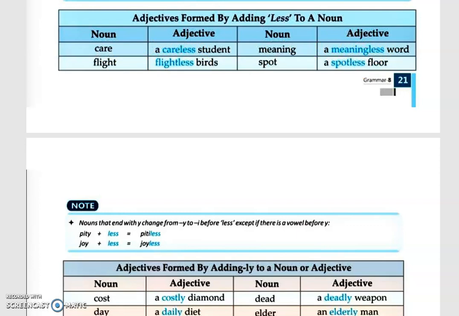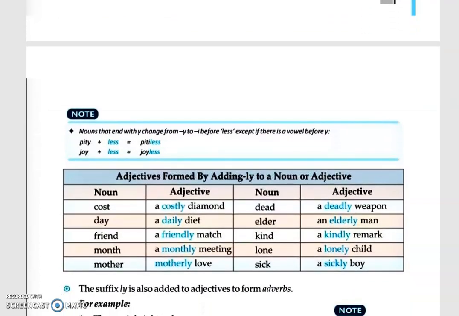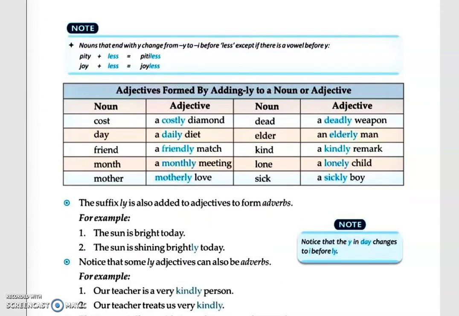So you see, we have different kinds of nouns to which we add different kinds of suffixes. Now there is an exception here. Nouns that end with Y change from Y to I before less, except if there is a vowel before Y. So look at this word pity. P-I-T-Y. Before Y we have a T. And T is not a vowel. It is a consonant. So what do we do? We change this Y into an I and then add less. Remember, look at the last two letters.